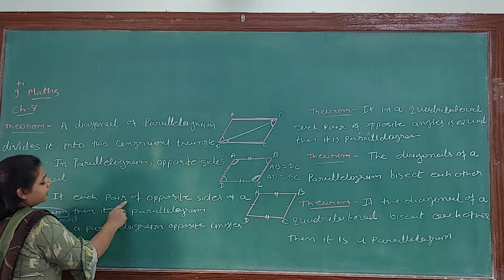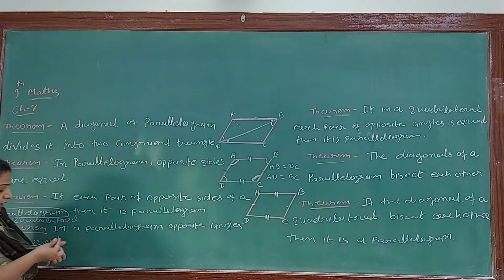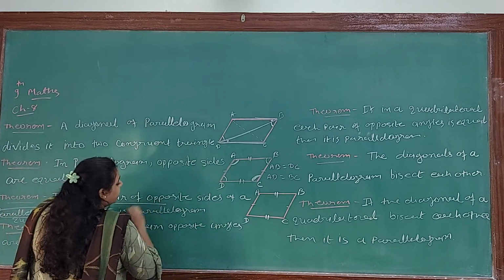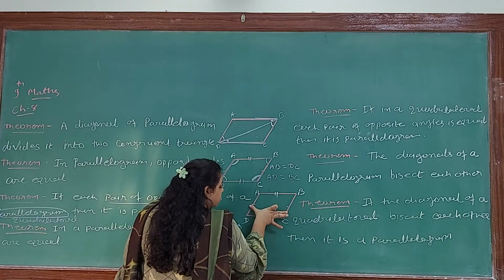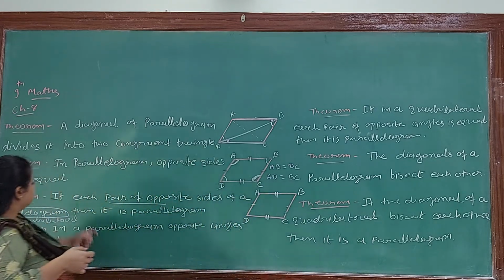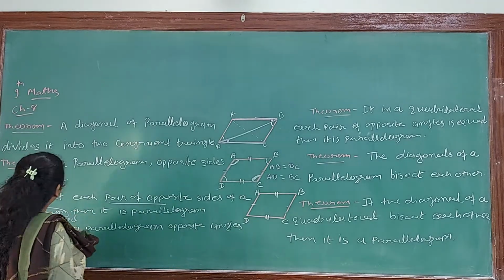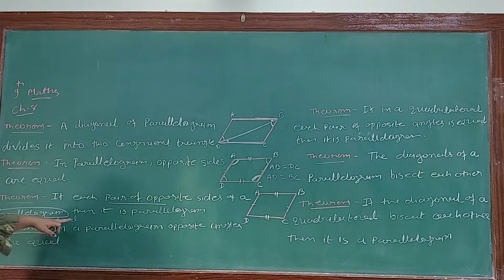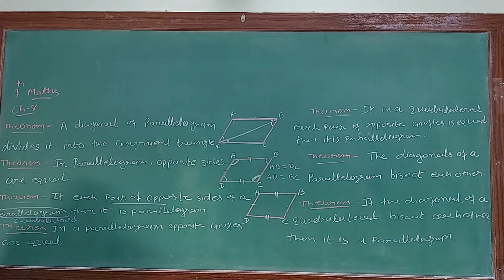They are saying a pair of opposite sides, one pair and another pair, so two pairs. So if each pair of opposite sides of a quadrilateral, then it is a parallelogram.